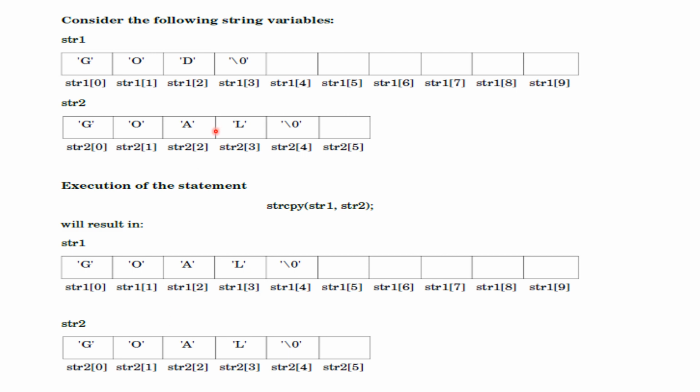Please note, the string gold in str1 is replaced by the string gold in str2, right? The string in str2 is copied to str1. The result will be in the destination string str1 and the source string str2 will remain unchanged.